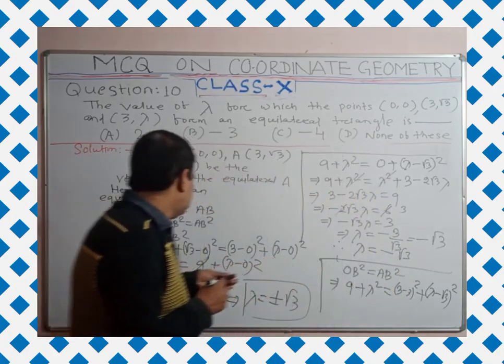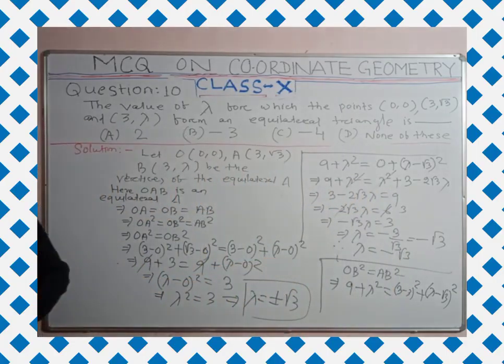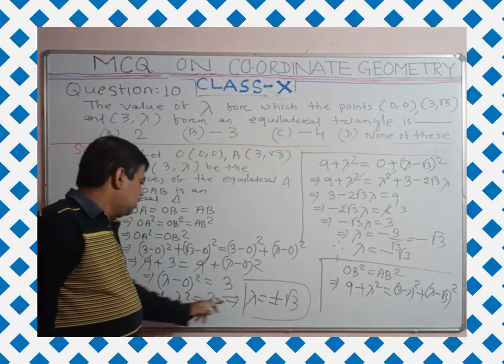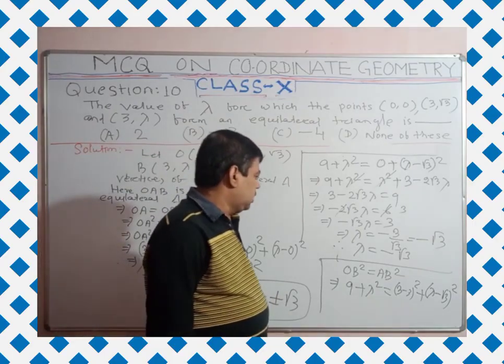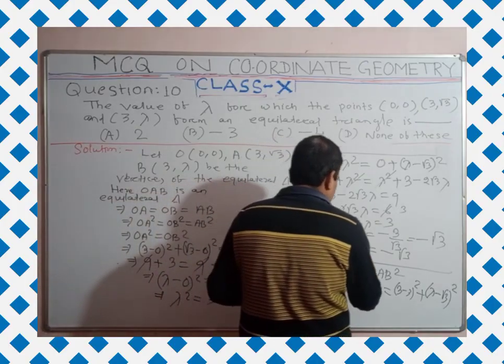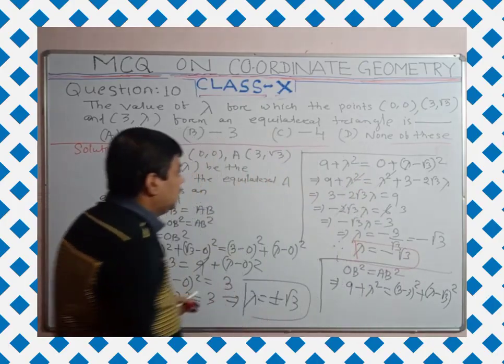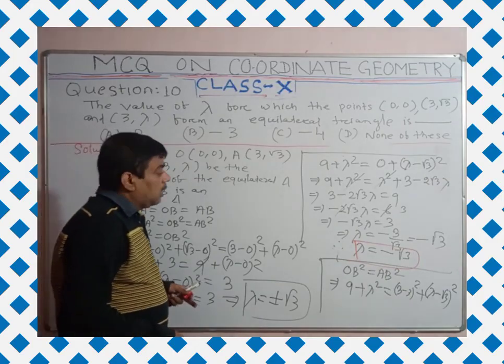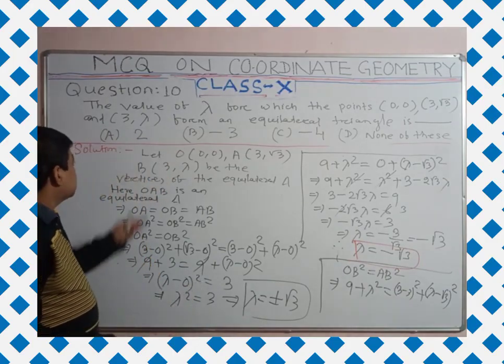Understand? Okay. So here you clearly see, in the first case, by equating OA square is equal to OB square, we get lambda plus minus root 3. Again by equating OB square is equal to AB square, we get the lambda value minus root 3. And here the values of lambda are not in any of the options.